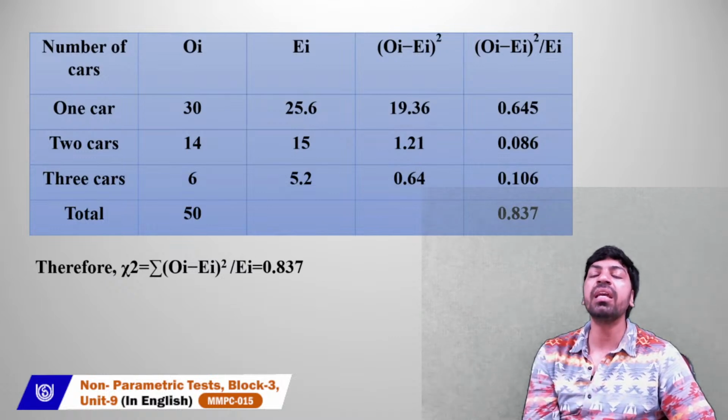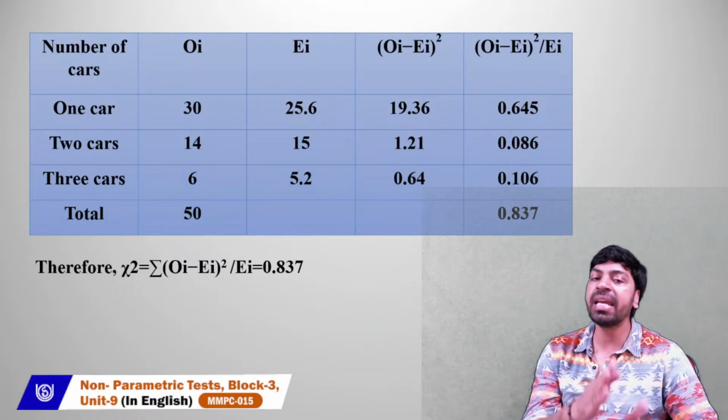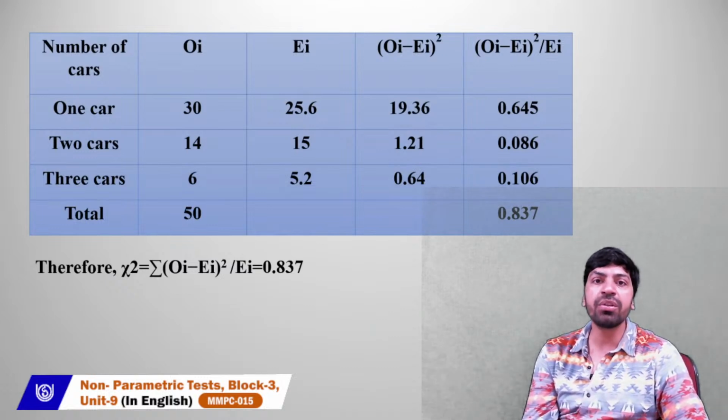Once we calculate (O minus E) whole square, the next step is to divide by the expected frequency. The expected frequency is mentioned in the question.